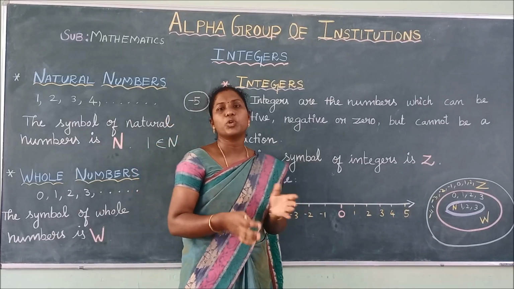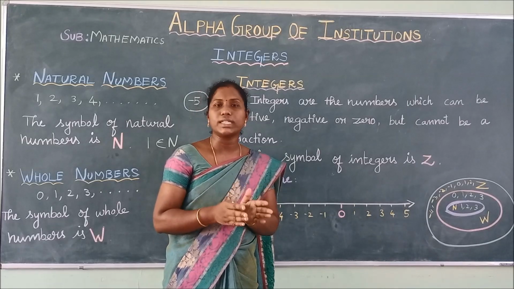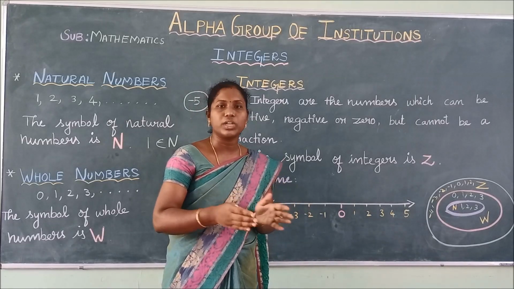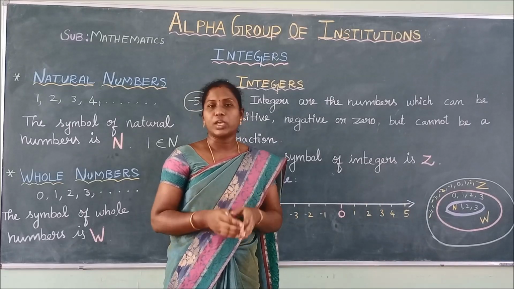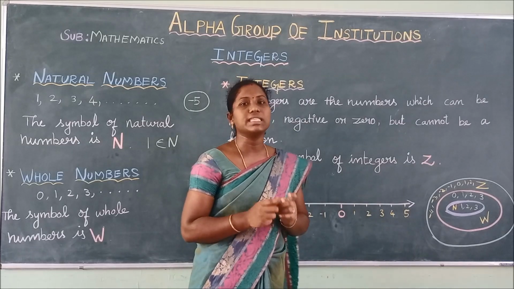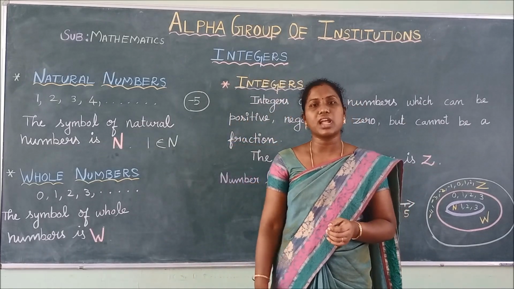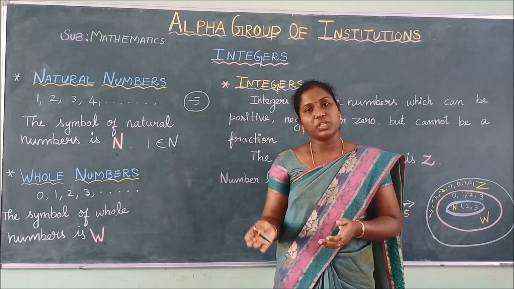Now we have discussed natural numbers, whole numbers and integers. We are clear about what a natural number is, isn't it? Natural numbers start from 1, 2, 3 and go up to infinity, only the positive numbers. The symbol of natural numbers is N. Likewise, there are whole numbers. Whole numbers start from 0, 1, 2, 3, etc. and go up to infinity.